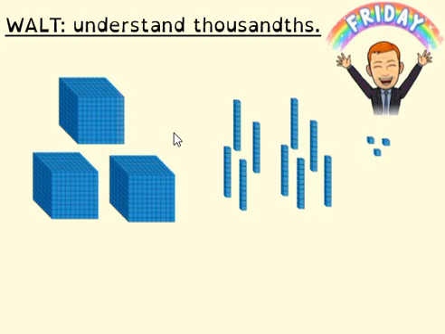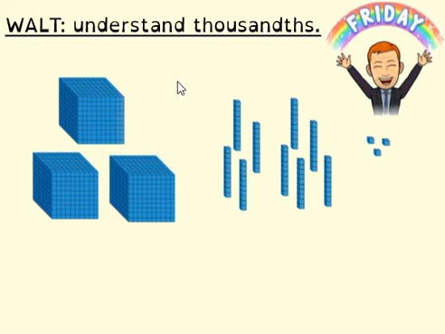Just because I haven't got anything doesn't mean I can leave it blank and write it without the 0. Because if you did that, your number would be very different to the number represented. Remember, we said that the rods represent hundredths. So the rods have still got to represent hundredths, even if we don't have any tenths.